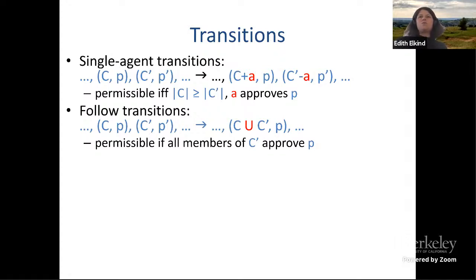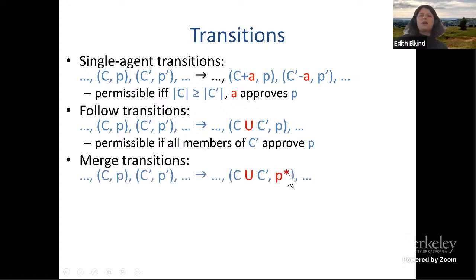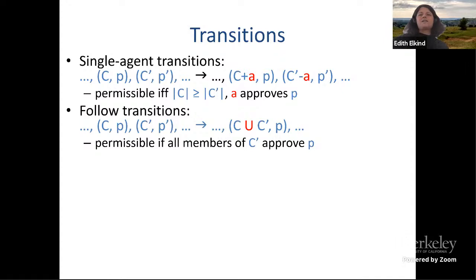This can happen if all agents in coalition C prime are happy to be in a coalition that supports P. This move can only happen if all agents in the new coalition would actually support its proposal. And of course this is beneficial for agents in C prime because the size of the new coalition is bigger than the original coalition. So they're happy to move because they approve the new proposal and this results in a bigger coalition.